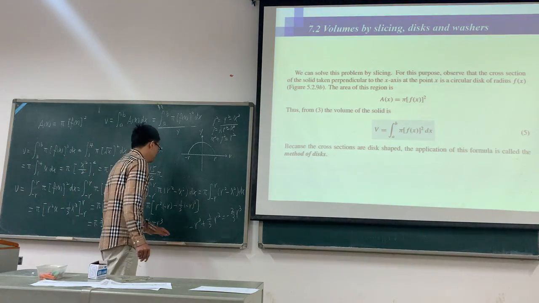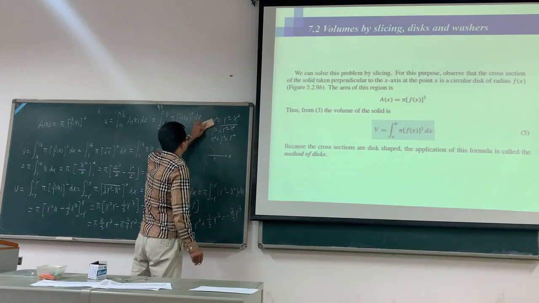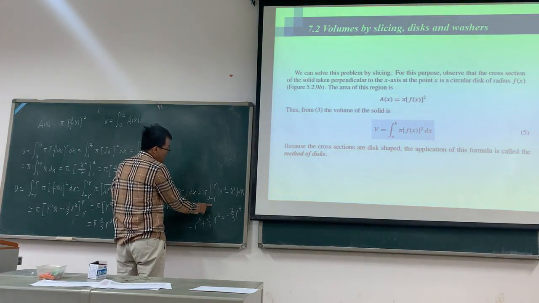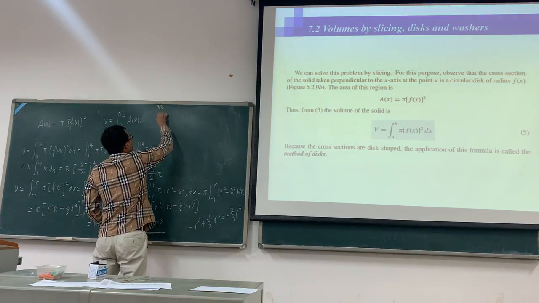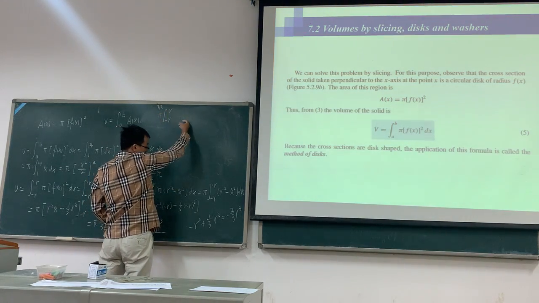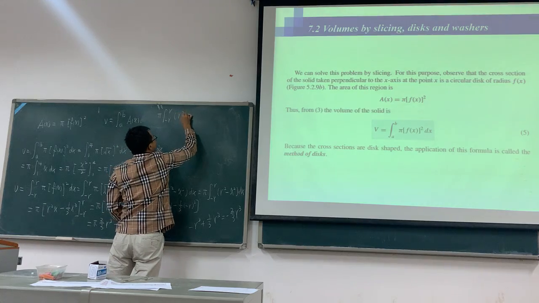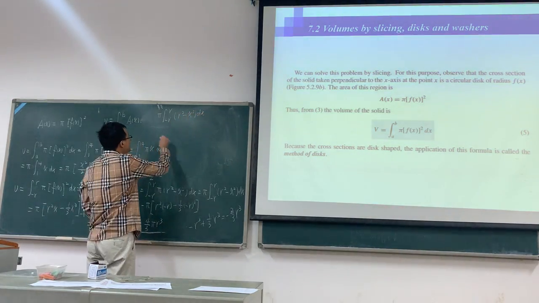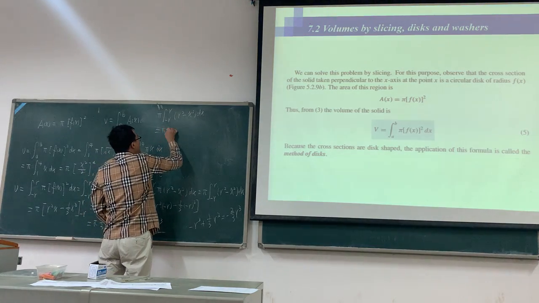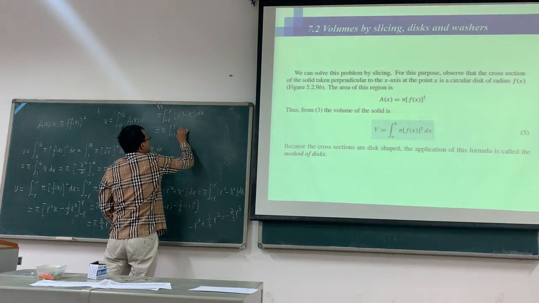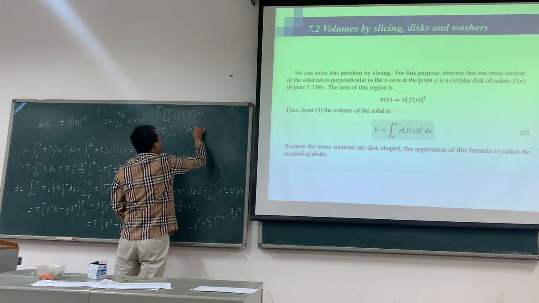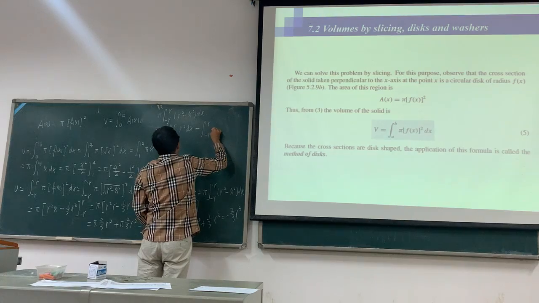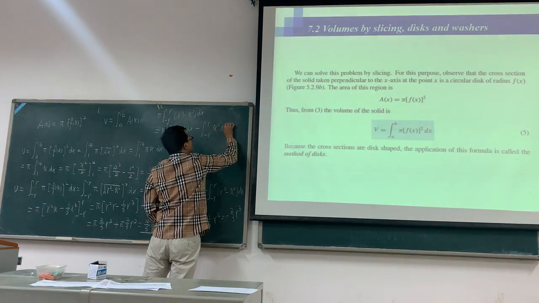So this one actually equals pi times the integral from minus r to r of r squared minus x squared dx. So here actually equals pi times the integral of r squared dx minus the integral from minus r to r of x squared dx.